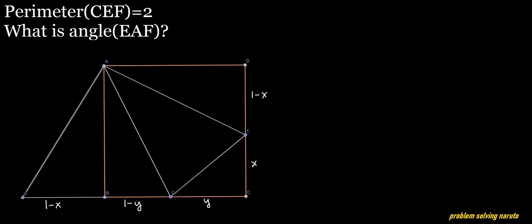So here is the diagram. What you want to do is to rotate triangle AED so that AD coincides with AB and E comes to point G. Please take a moment to stare at the diagram to see why this rotation works. I hope you have seen it. The given condition is that the perimeter of CEF is 2.